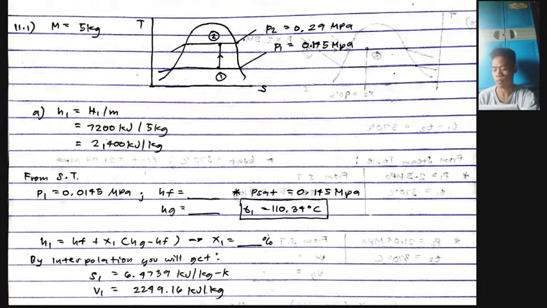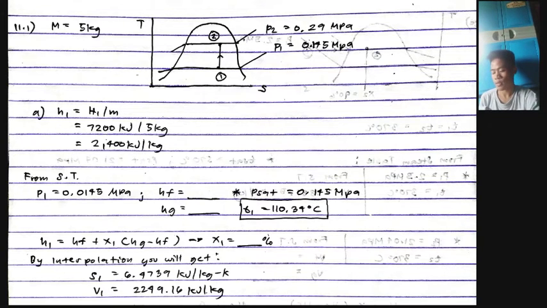So, from our steam table, P1 equals 0.145 megapascal. At P saturated equals 0.145 megapascal, and next, T1 equals 110.34 degrees Celsius. And next, h1 equals hf plus X1 times (hg minus hf), and that gives X1 in percent.